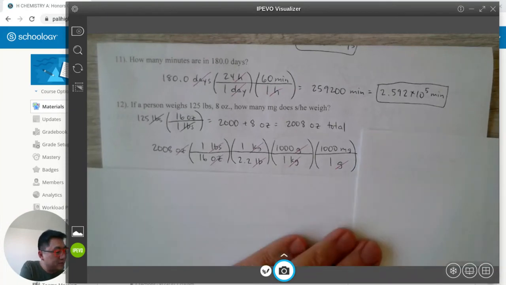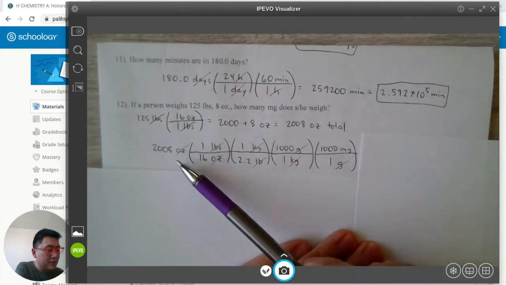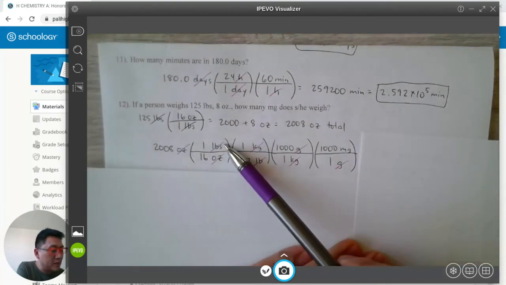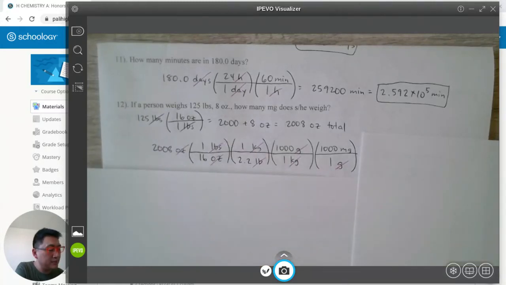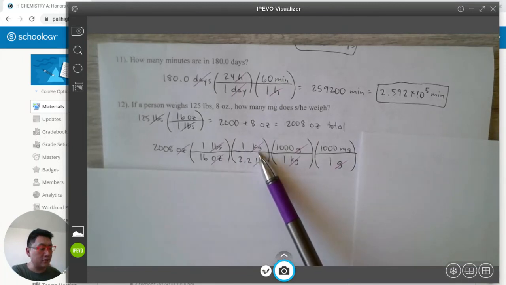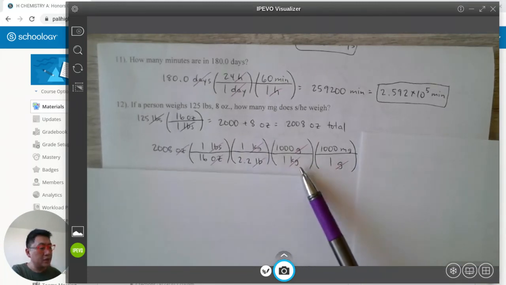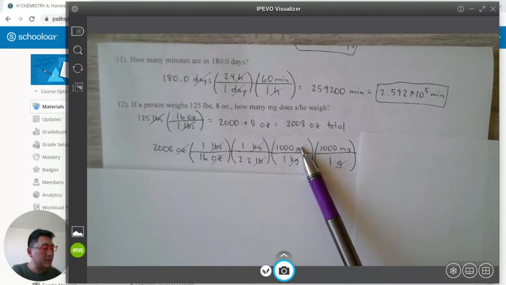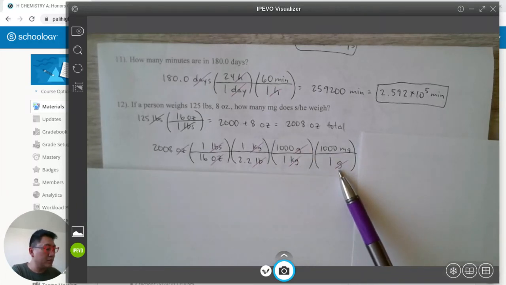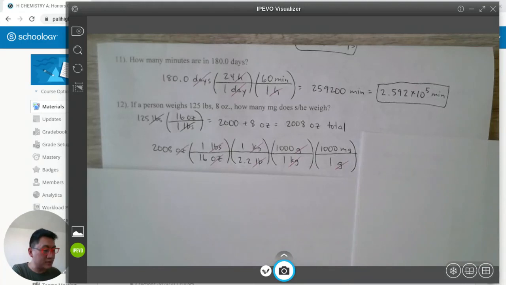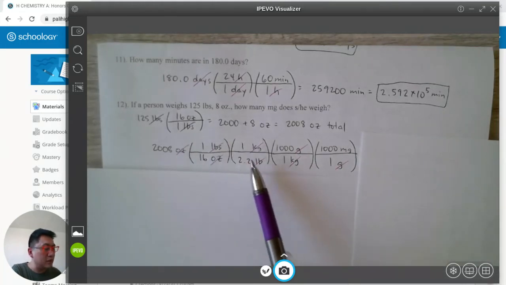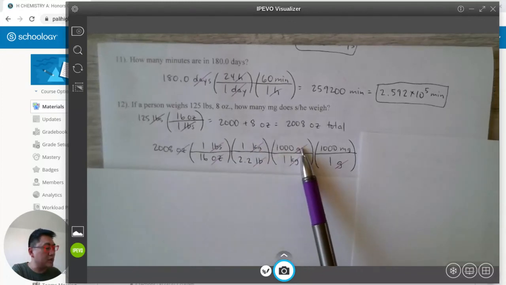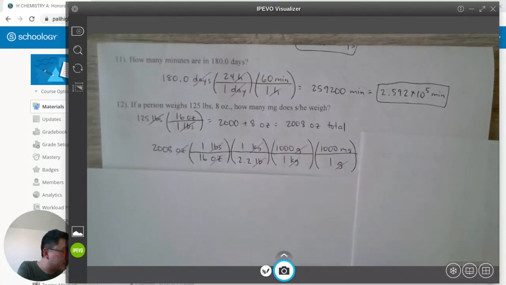It's kind of long. So, okay, I changed my ounces back to pounds. 16 ounces to a pound. Then I know on the other side, 2.2 pounds is a kilogram. A kilogram is 1,000 grams. And 1 gram is 1,000 milligrams. So yes, I convert ounces to pounds, pounds to kilograms, kilograms to grams, grams to milligrams.